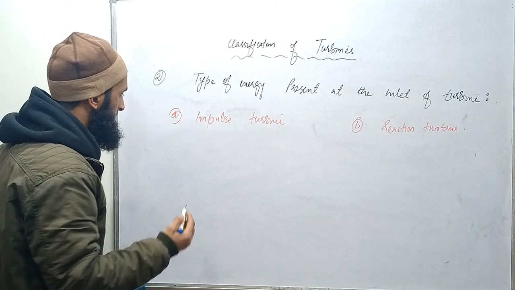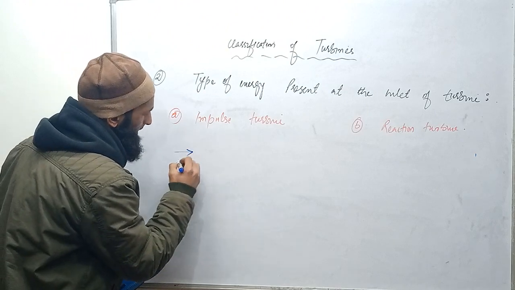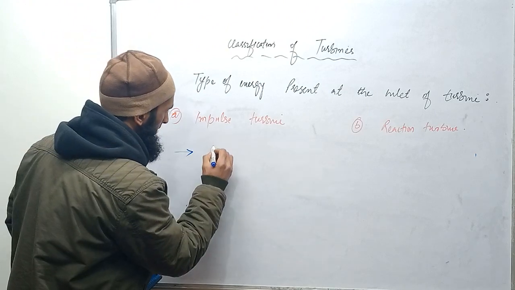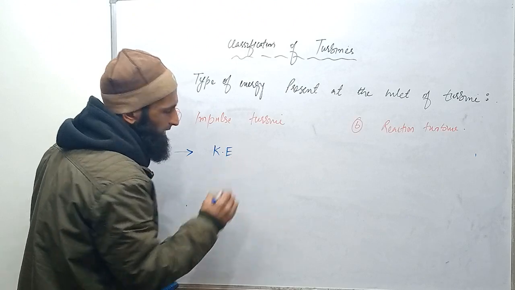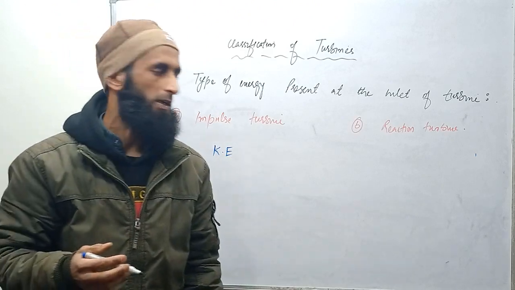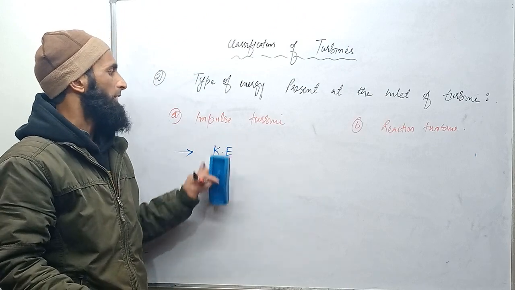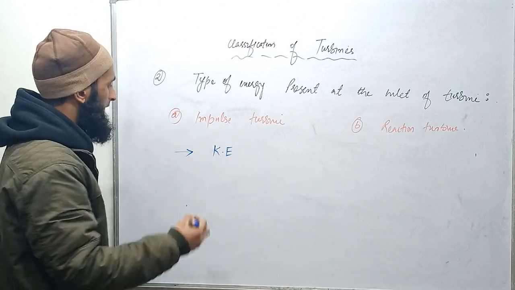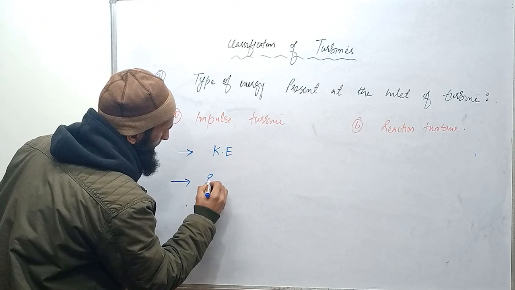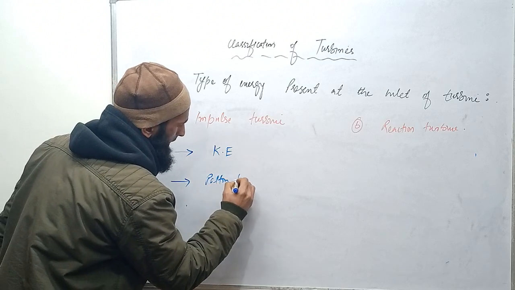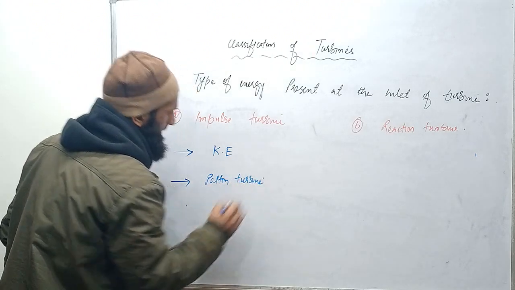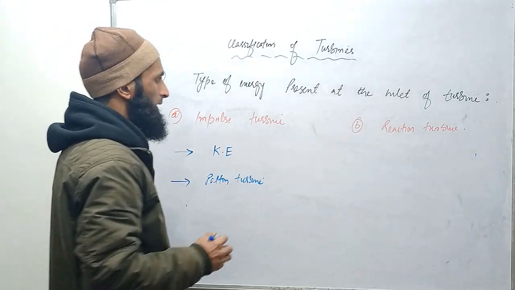When the type of energy present at the inlet of the turbine is only kinetic energy, that is, the jet striking the vanes of the turbine has only kinetic energy, that turbine is known as an impulse turbine. In this case, we have the example of the Pelton turbine, which we are going to study later on.